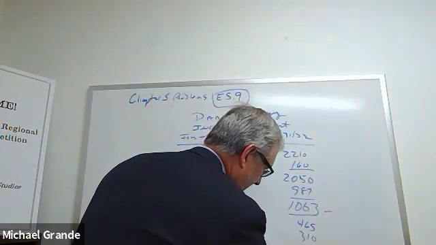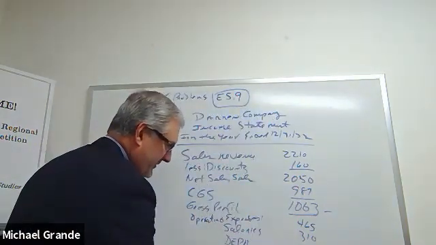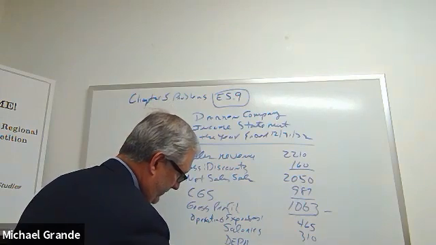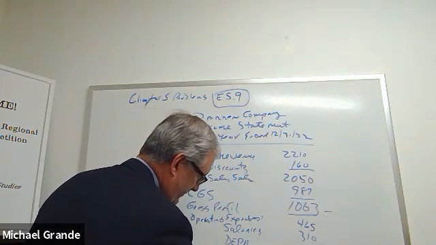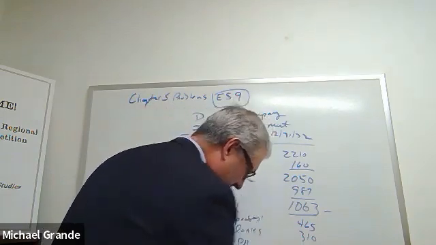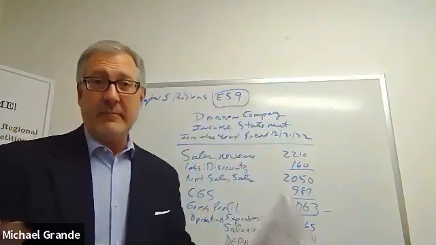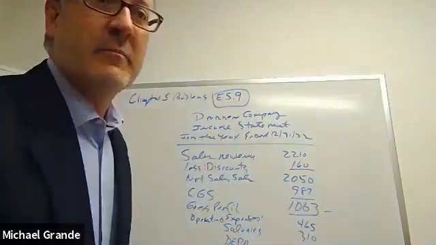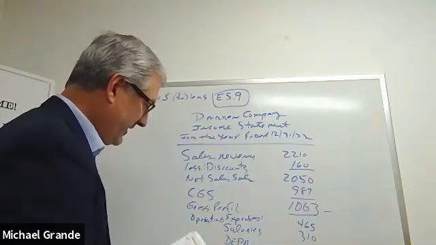This is income, pardon me, income from operations. It's income from operations because we don't have any income tax expense here to account for. So it is simply income from operations.